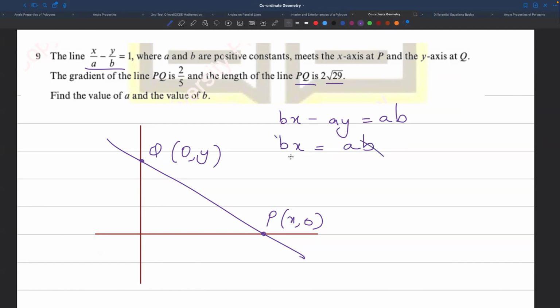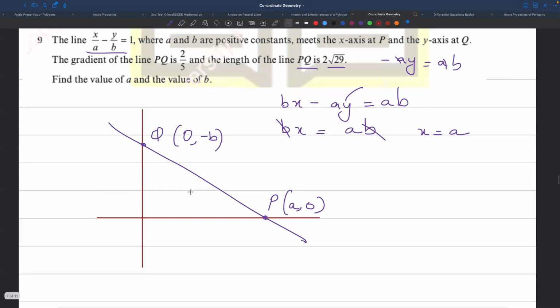So the x coordinate is a. Let's write a over here. And then in the same equation, when I put x equal to 0, I will get minus ay is equal to ab. A cancels, so y is equal to minus b. So this will be minus b.